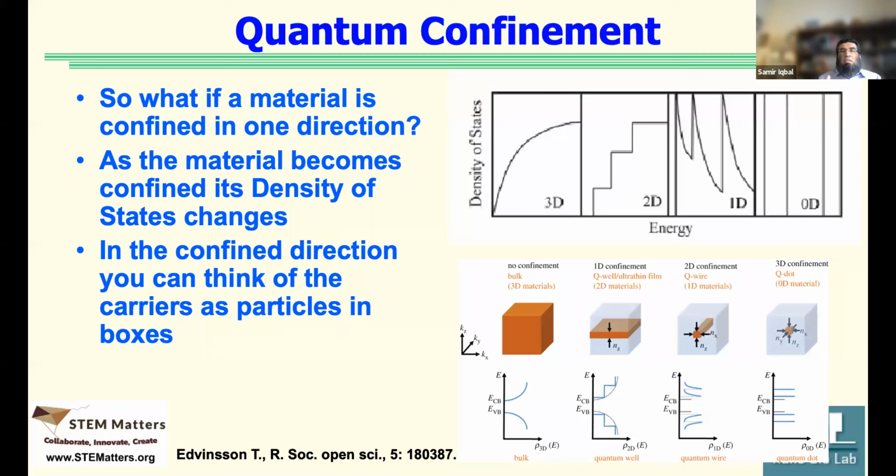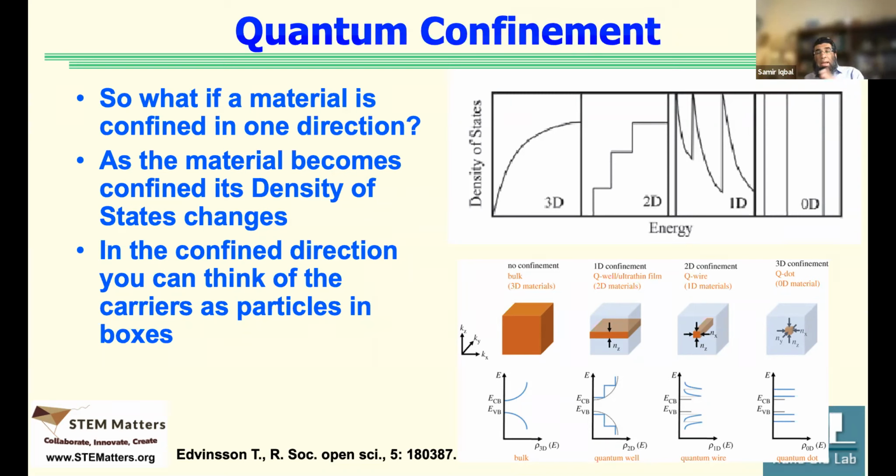That presence of density of states is an exponential function. So what's shown in a 3D material is that as you go to higher energy, away from the conduction band, you have an exponentially high number of density of states, and then they fall down. So very close to the conduction band, many states are available.